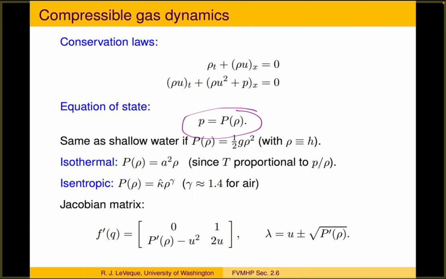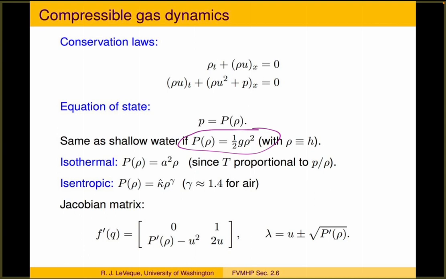And now that we've looked at the shallow water equations, you see that there's a very similar structure here. In fact, if you replace rho by h, the depth in the shallow water equations, then these are exactly the same equations as the shallow water equations if we use the equation of state P equals 1/2 g rho squared, or 1/2 g h squared is the hydrostatic pressure in the shallow water equations.